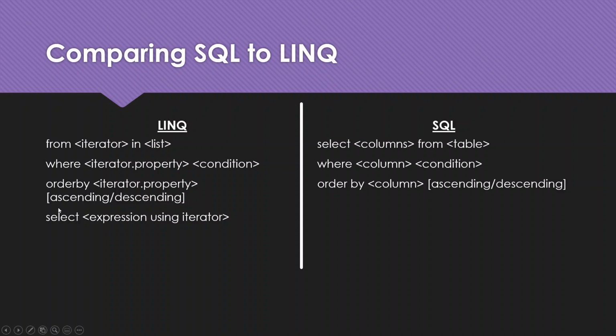As you put the syntax into how the language is arranged, you actually have to have the list first, because otherwise when you generate the intermediate code, you're referencing something that you haven't actually created a reference to yet. So the main difference between these two things is that the select is at the bottom of the LINQ, select is at the top of the SQL, but once we get to SQL, you'll see that the components of these two types of queries are essentially the same.